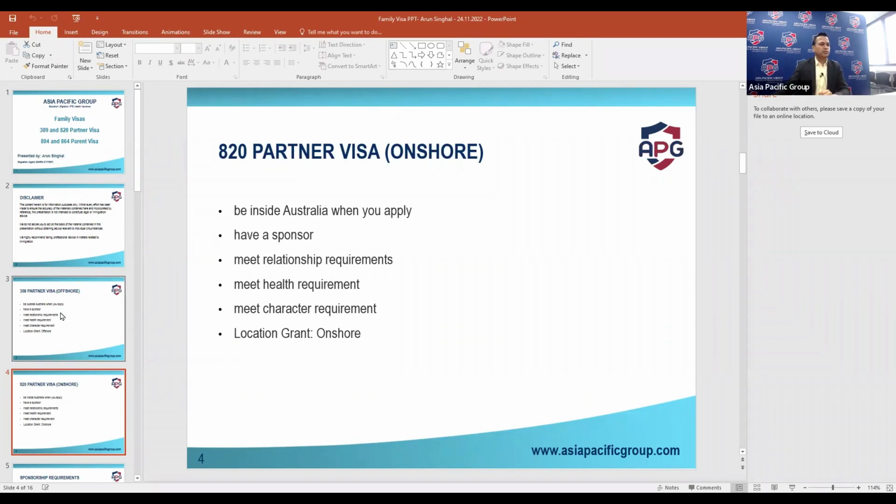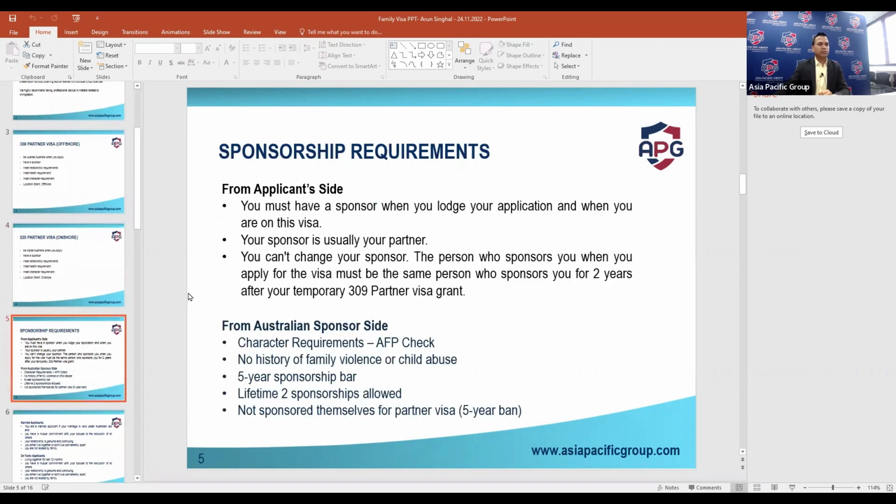Let's see what the requirements are from the sponsor. When we apply for the visa, there are two requirements. One is from the applicant side: the applicant must have a sponsor when they lodge the application. Their sponsor is usually their partner.